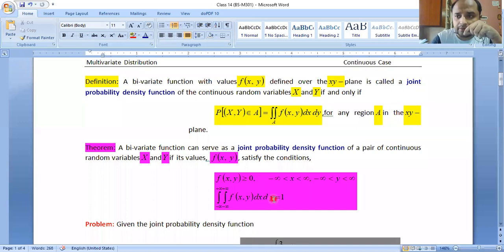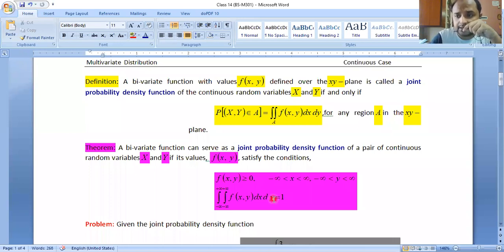In the univariate case, we first learned about the discrete probability mass function, and then the continuous case where we discussed the probability density function. After that, we studied the properties of the probability density function.